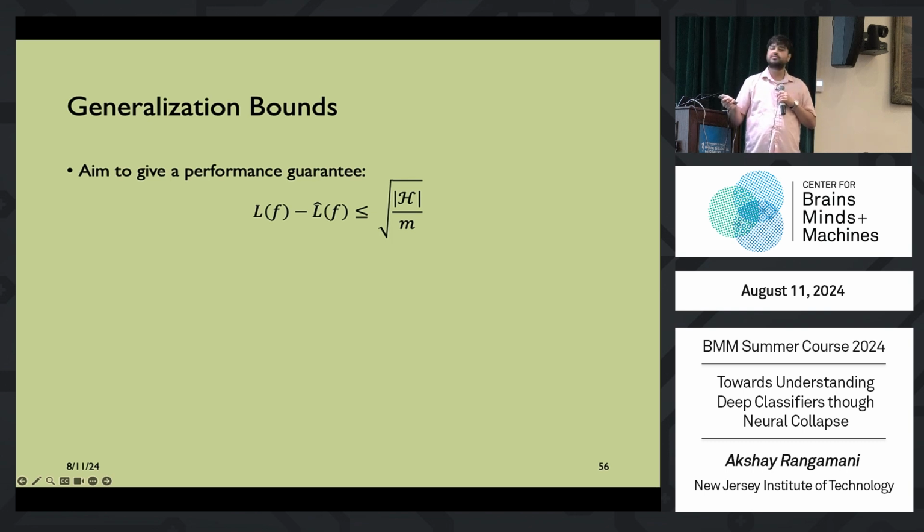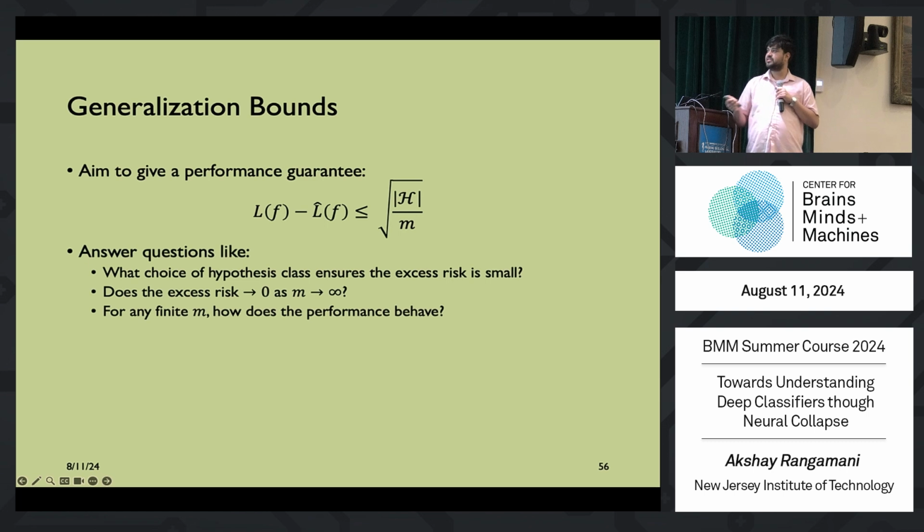So the aim is to guarantee that your true loss can't be larger than the empirical loss plus this factor. And what this also tells you is that as you collect more and more data, you should expect this gap to go down to 0. Also, that this gap goes down to 0 at a particular rate.